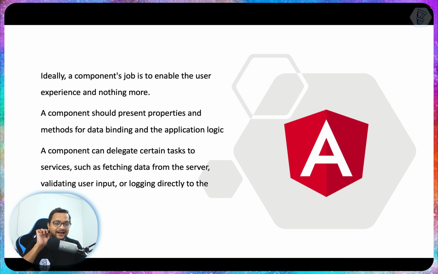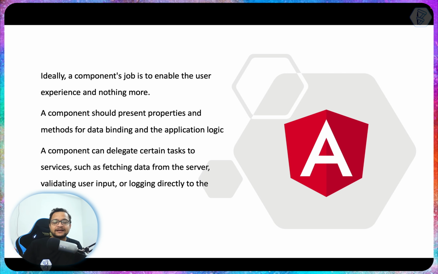So in that case, a component can delegate certain tasks. If a component needs to use a method or present some properties, where will all these methods and properties go?